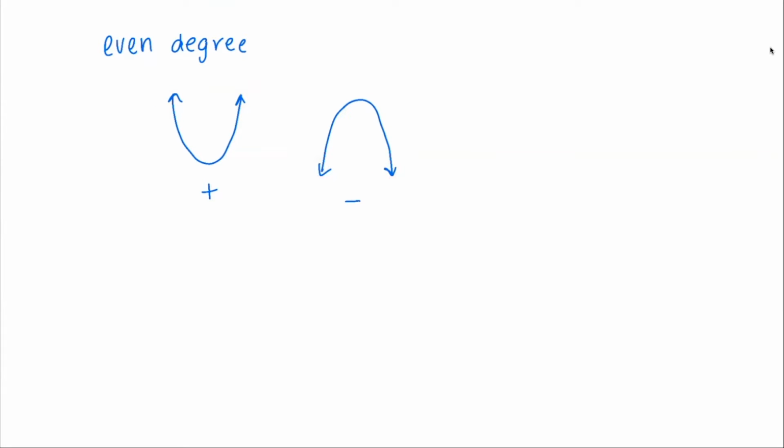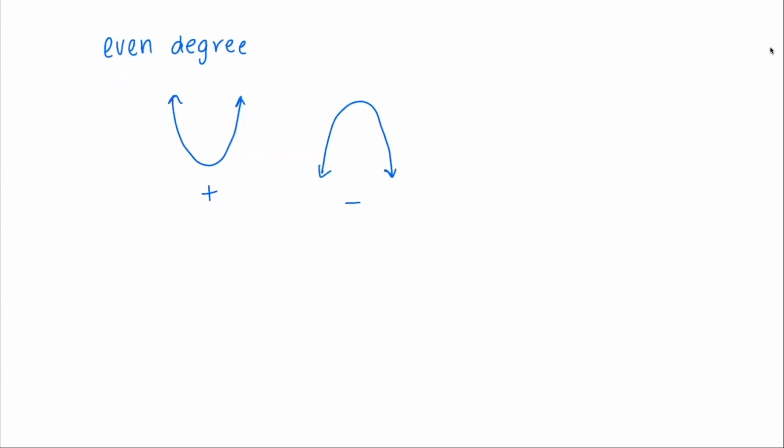So as kind of a reminder, what we're talking about with end behavior is we're talking about the end of the function. So we're not concerned with what's happening in this middle portion. We're just concerned with what's happening as x approaches positive and negative infinity.